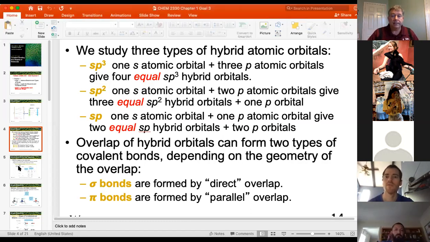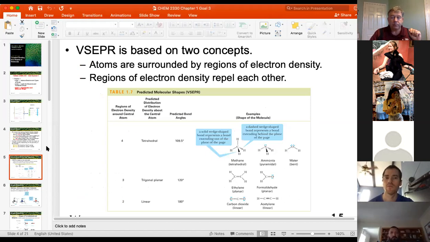Okay, so the next slide shows you what the different shapes are associated with. If we use valence shell electron pair repulsion theory, we have 2 things to think about. One, where is the electron density surrounding it?